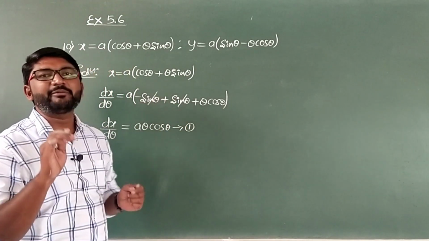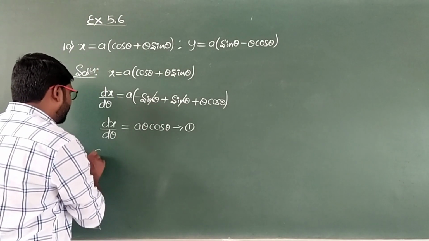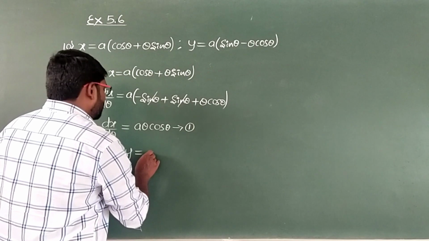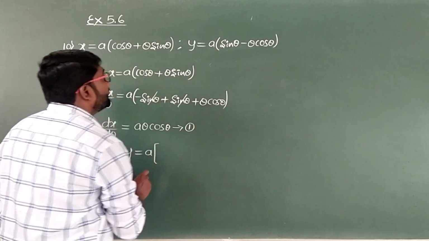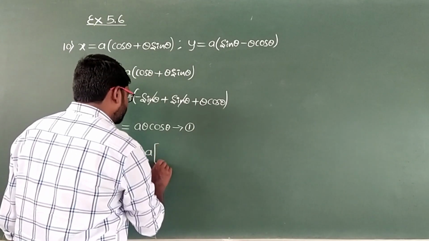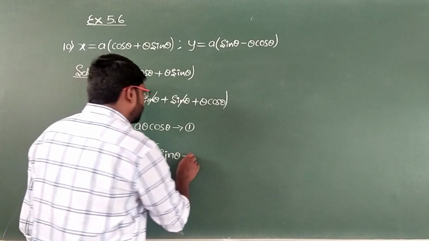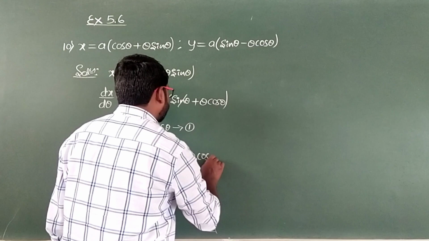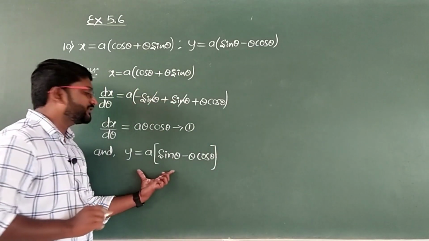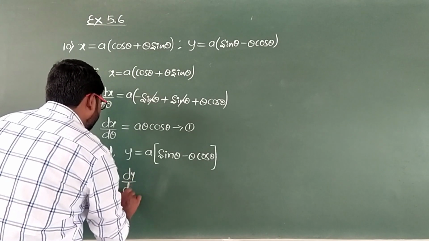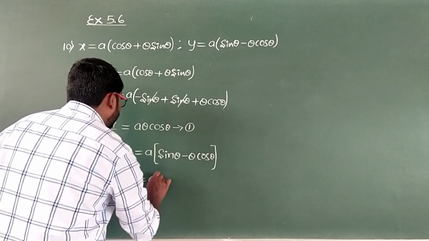Now we have to go for dy by d theta, and y is equal to a into the bracket sin theta minus theta cos theta. Now differentiate both sides with respect to theta. So dy by d theta is equal to a.